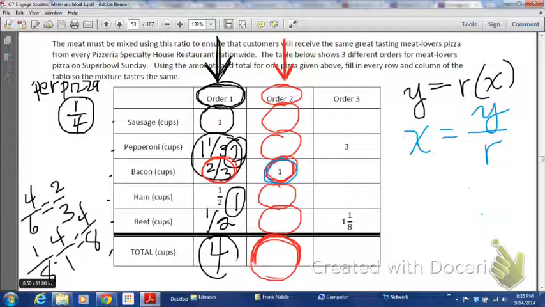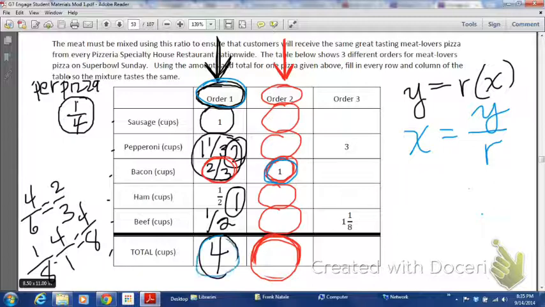If you can remember, last time we had a similar situation where we were given our x. Now, in this first order, order 1, we're looking to solve for x. We're trying to find this multiplier, how many times we're multiplying by, and we're trying to get the number of pizzas.